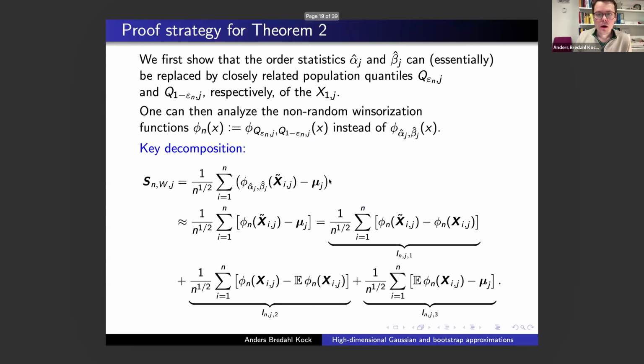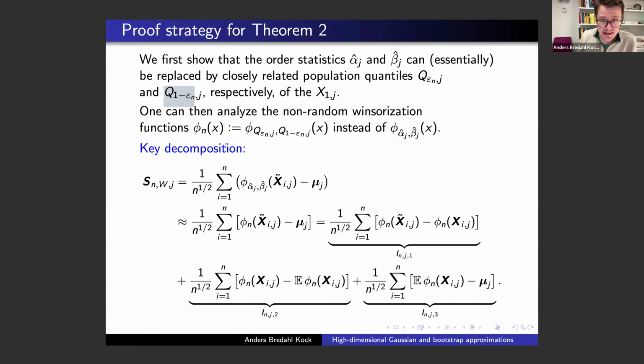Now, what is the proof strategy here? So, how do we go about showing this Gaussian approximation? Well, the first thing we do is to show that these order statistics here, that was the lower epsilon order statistic of the contaminated data and the upper epsilon order statistic of the contaminated data, are close to the population lower epsilon quantile of the uncontaminated data and the population upper epsilon quantile of the uncontaminated data with high probability.